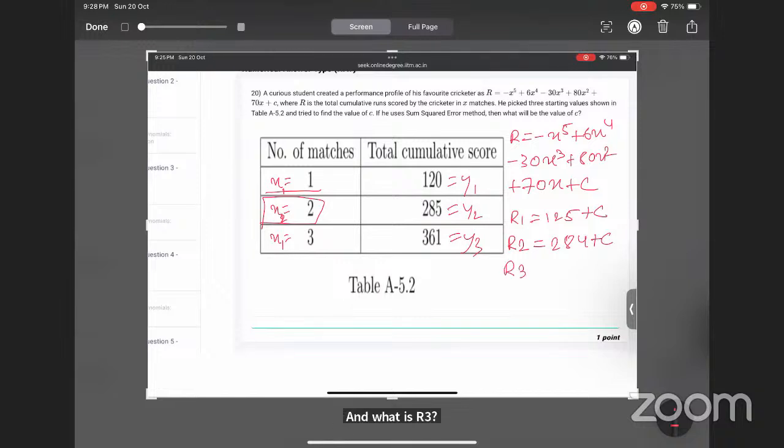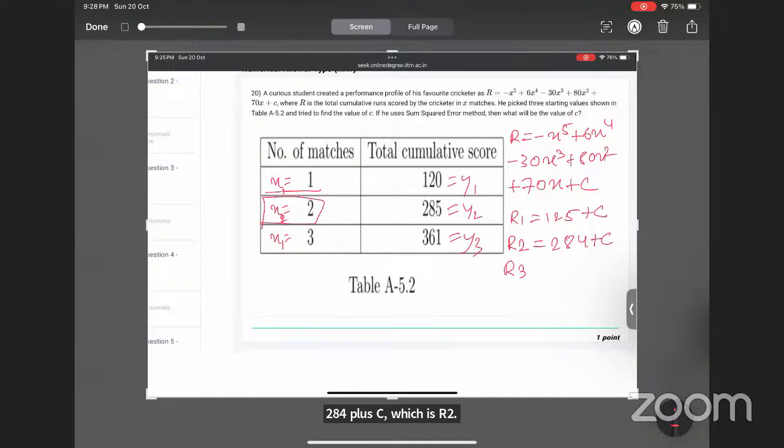You can use your calculator. Plus C. The calculator is not working. The calculator provided in the dashboard is not working properly.